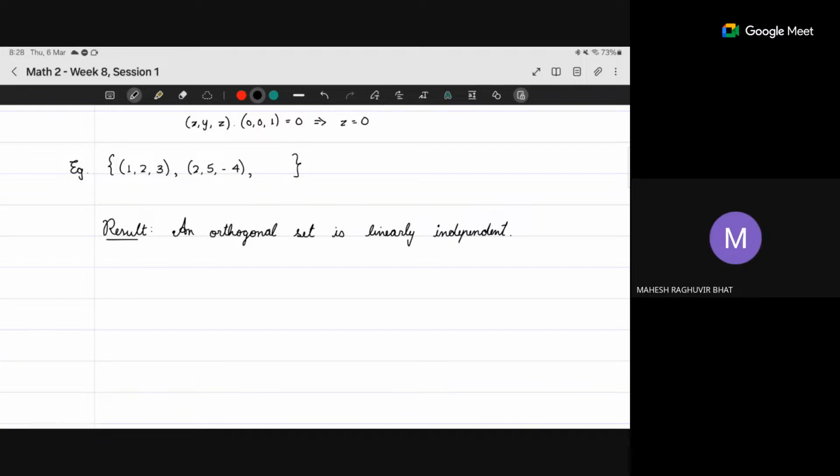The Cis are the variables. If 0 is the unique solution, then the set of vectors is said to be what? Linearly independent.